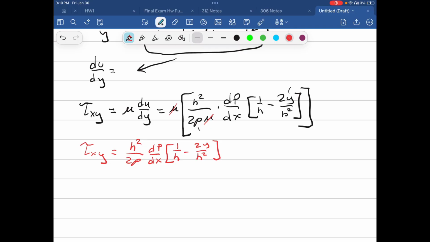Okay, so now we have our shear stress in terms of our du dy.